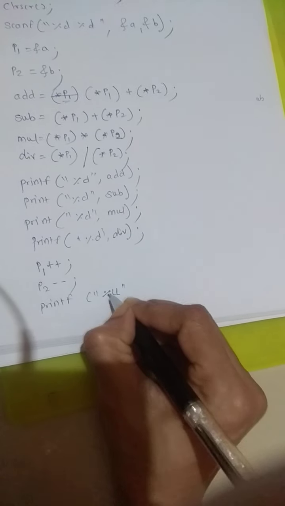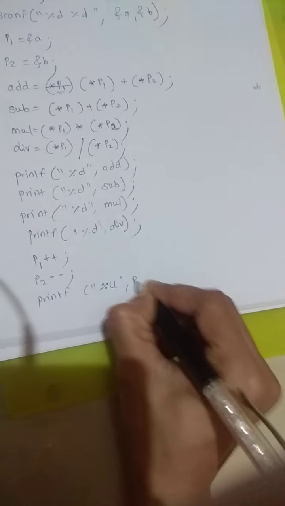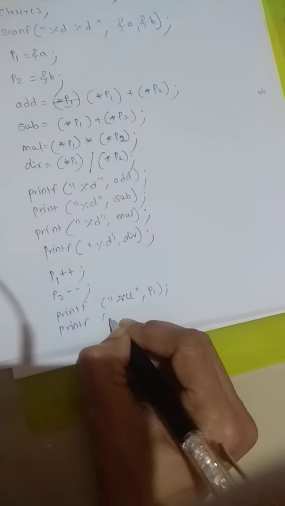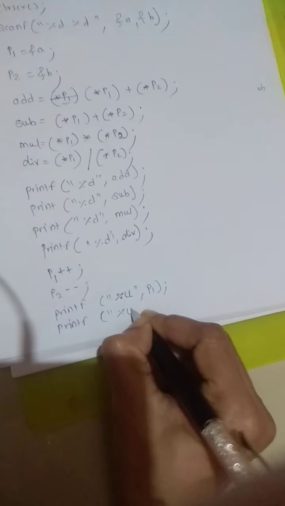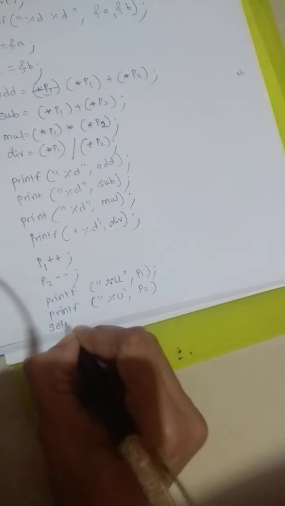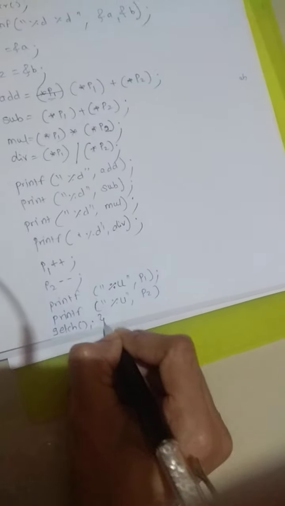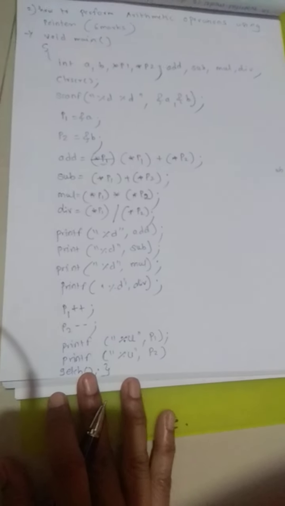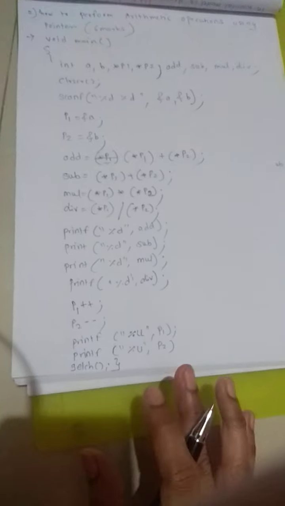We display the address using printf %u p1 and printf %u p2. Then getch, void main complete. We perform all the arithmetic operations using pointer.